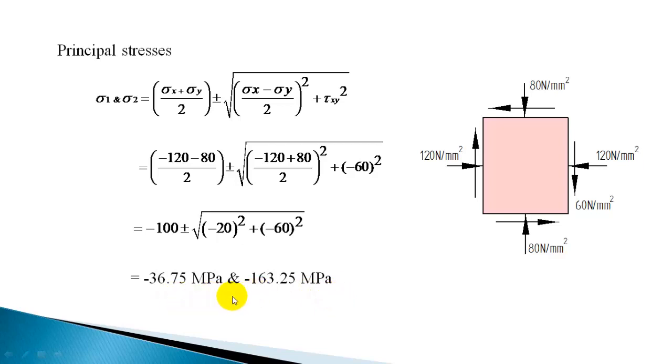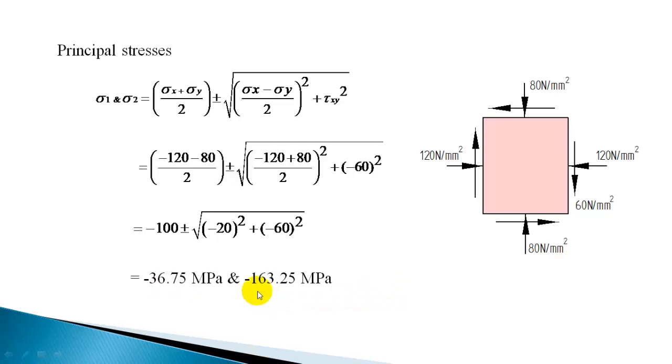So these are the principal stresses and you get two values. One value is 163.25 compressive and another value is 36.75 megapascal compressive. These are the extreme values of normal stresses existing on the body.